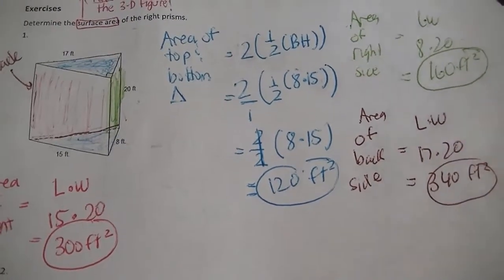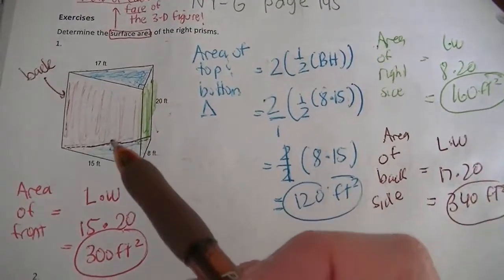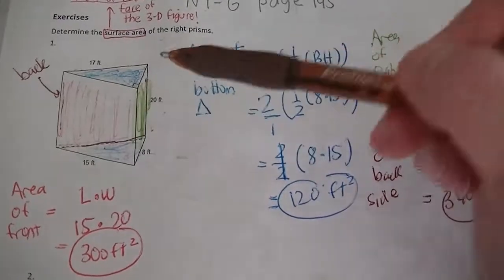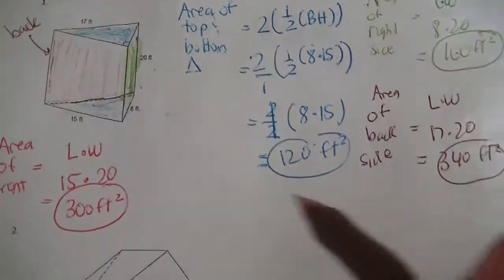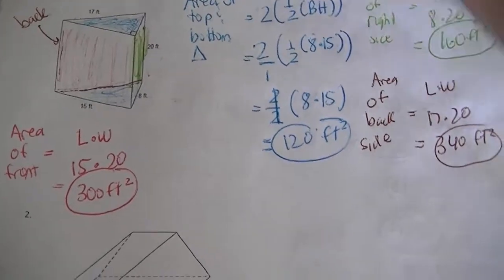Okay, let's double check to make sure we got all the sides of this triangular prism accounted for. So we got that one, yep, we're good. So now to find the total surface area, you've got to add all of those together.